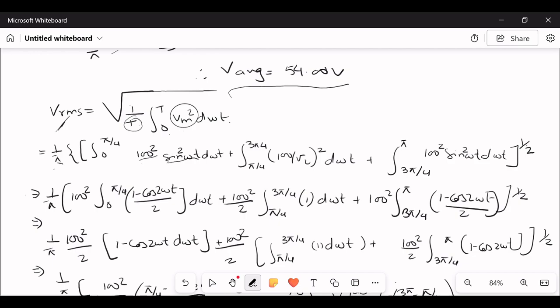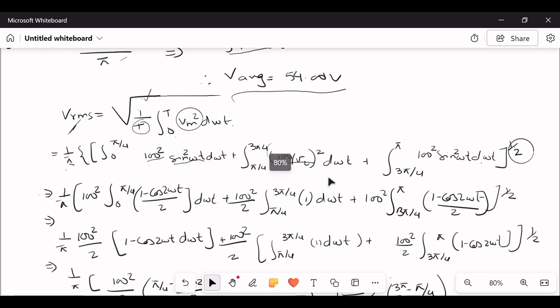For the next part, again we write (100/√2)², and for the third part from 3π/4, 100² sin² ωt d ωt. We write 1/2 as a power outside because it is easier than writing the root every time.